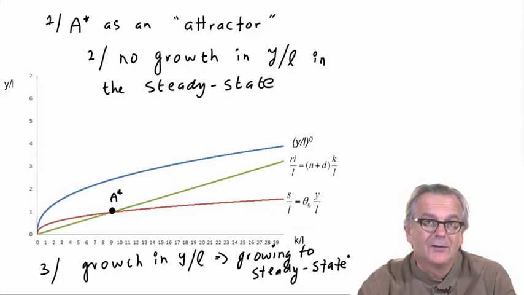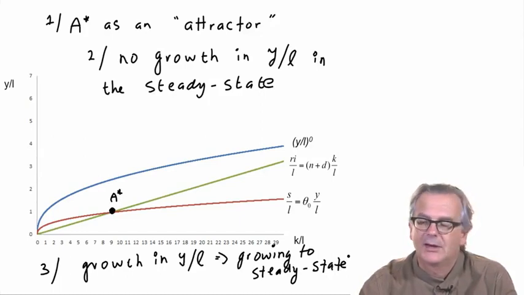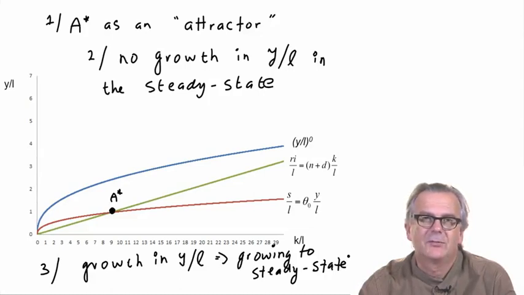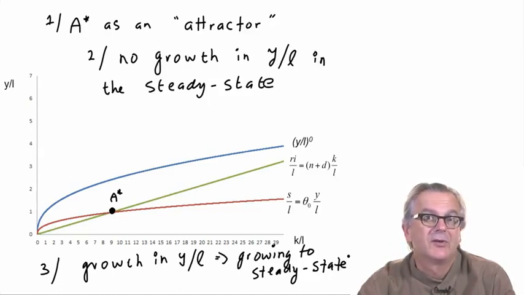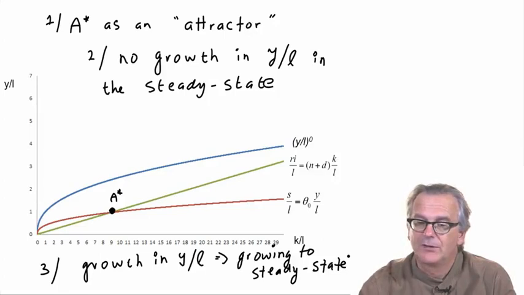And that raises this interesting issue of, well, why do we observe so many instances of long-run growth in the real world? We looked at one possibility, a growth in the proportion of income that's saved, and we saw that that wasn't a complete explanation, because whilst that would shift the steady state to the right and as a consequence lead to some economic growth, that would only be temporary, because eventually the new steady state would be reached.